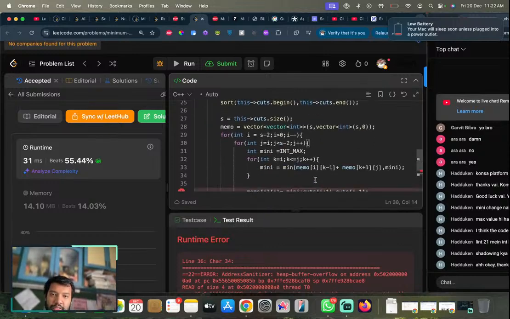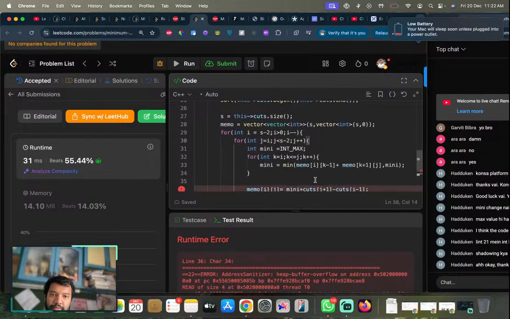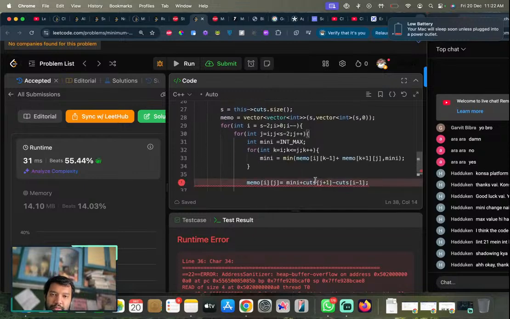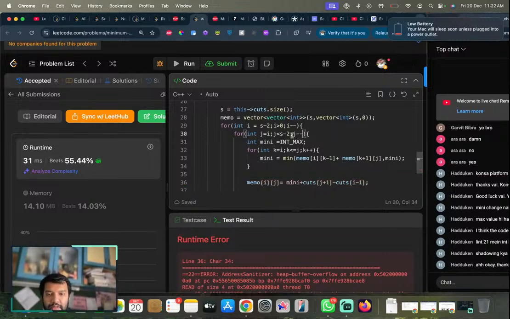I greater than j, j minus minus. No. J equals to 1, j smaller than equals to I.